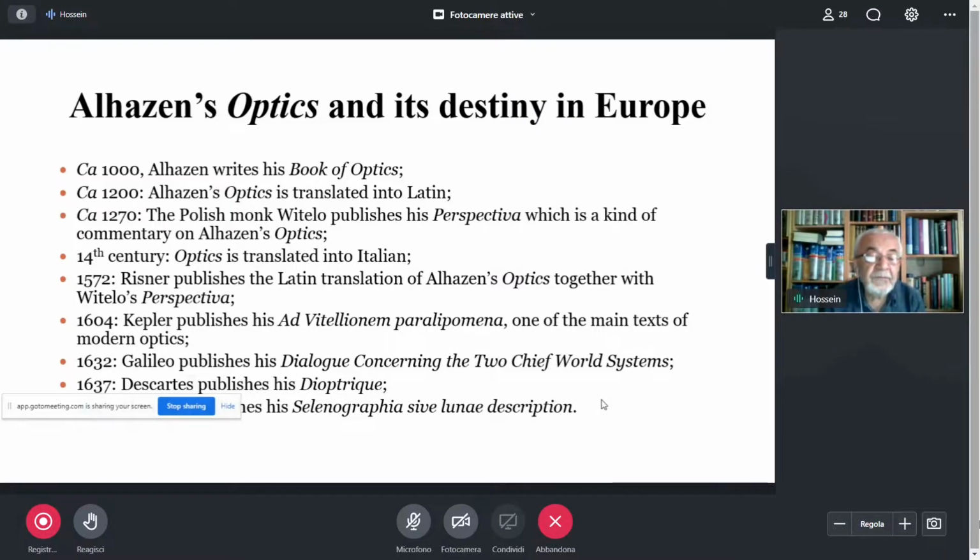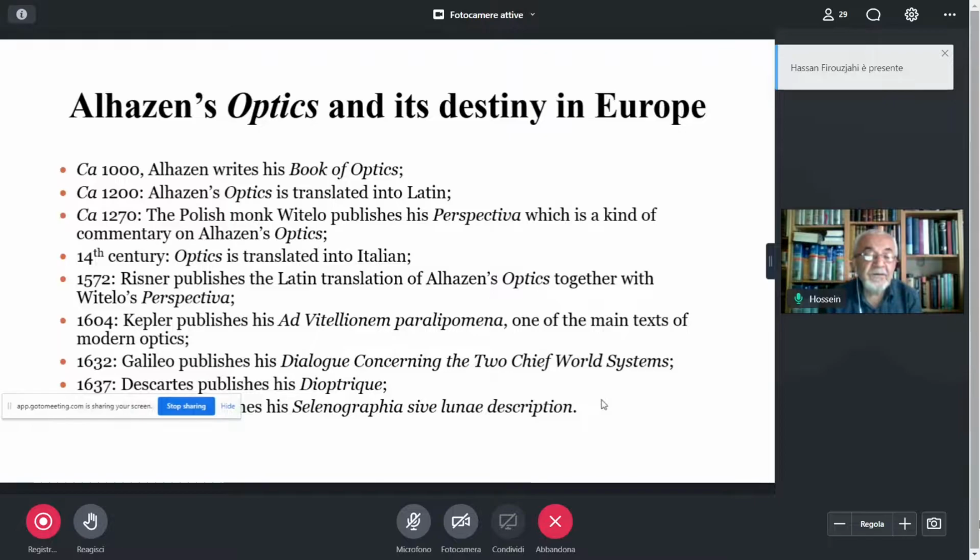After the invention of printing, in 1572, a man called Risner published these books together, that is the Latin translation of al-Haytham's Optics, together with Vitello's Perspectiva.